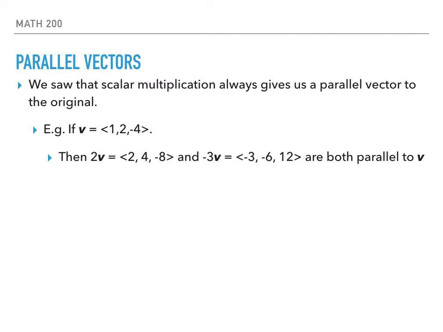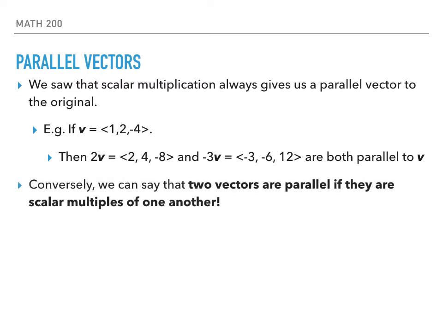Okay, so <1, 2, -4> is parallel to <2, 4, -8>, and I know that because the second vector is double the first vector. On the other hand, I can determine if two vectors are not parallel if they're not scalar multiples, right?